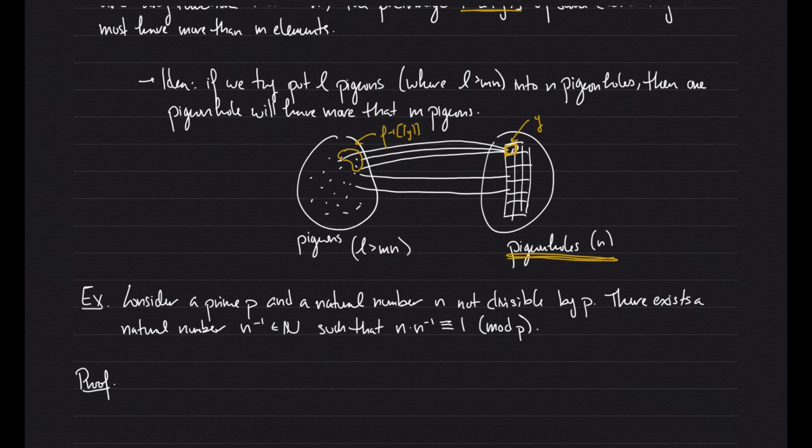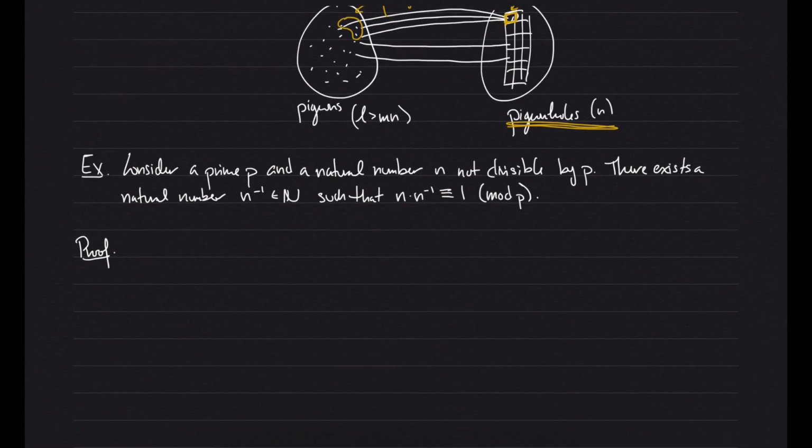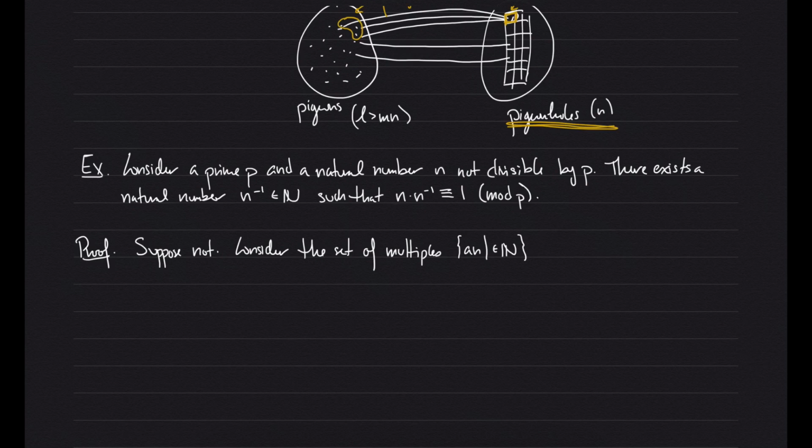Okay, so how are we going to prove this? We're going to suppose that this is not true and try to derive a contradiction. So we're going to consider the set of multiples of n. Oops. What have I written here? Something ridiculous.